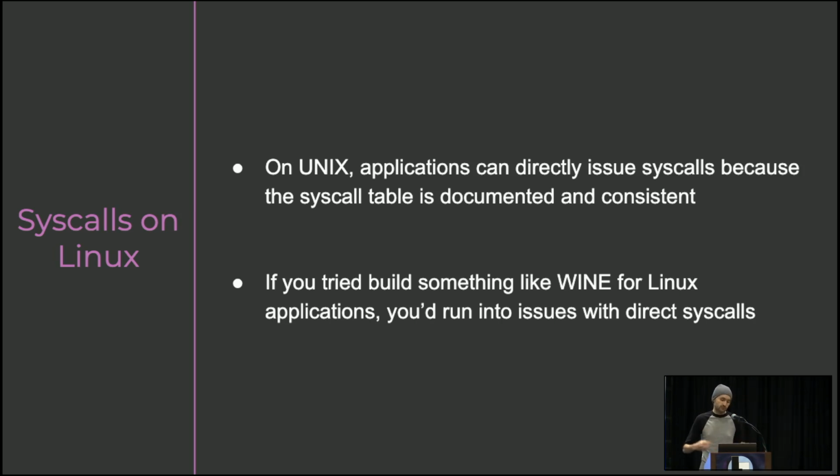It doesn't break between versions. It's always backwards compatible. So if you were to try to build something like Wine for Linux applications instead of Windows applications, you'd run into issues anytime an application issues a direct syscall because you're not emulating the kernel, so you can't really handle that accurately.